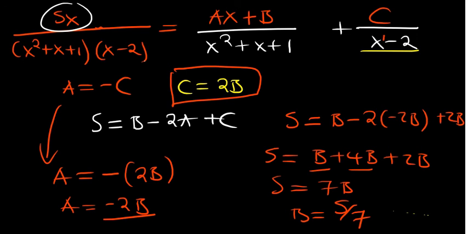Okay. What else? We can now find our a. It's negative 2 times that. And then we can also find our c. It's 2 times that.